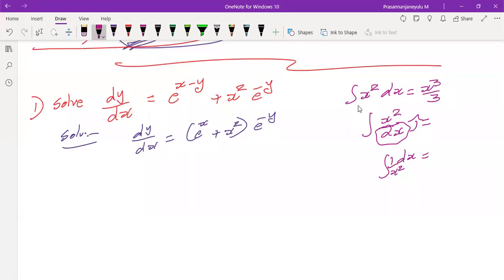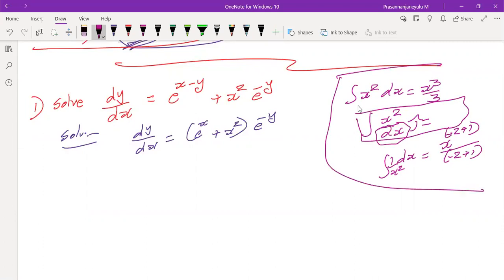What is the integration of x power n formula? x power n plus 1 by n plus 1, here x power minus 2 plus 1 by minus 2 plus 1. Like this we can write. But we do not have a formula whenever dx is in the denominator. Because of that reason, dx or dy should not be available in the denominator. So because of that, how can we write it? dy by e power minus y is equal to, what does the right hand side become?